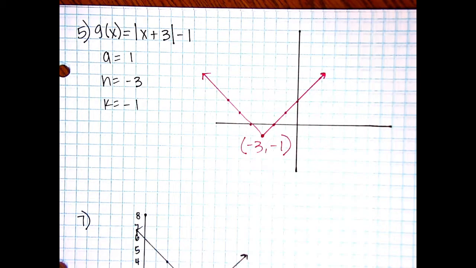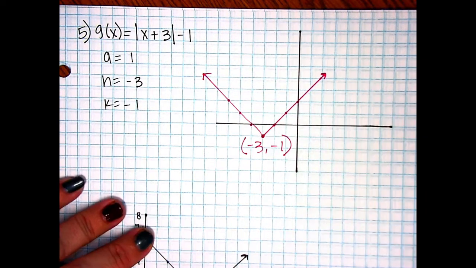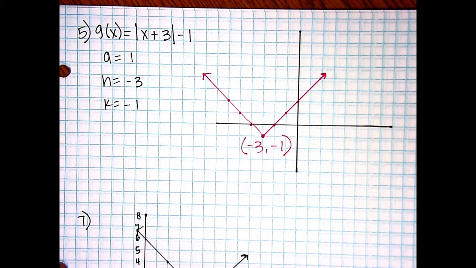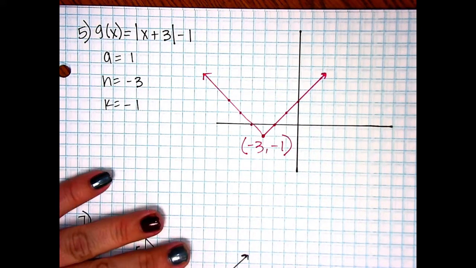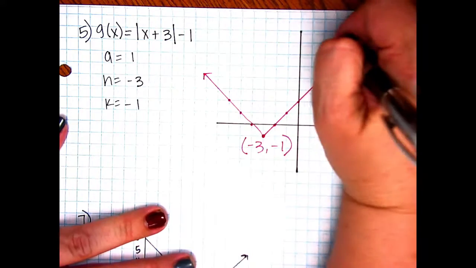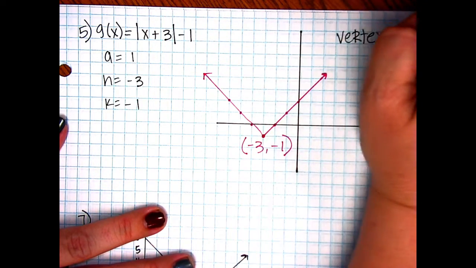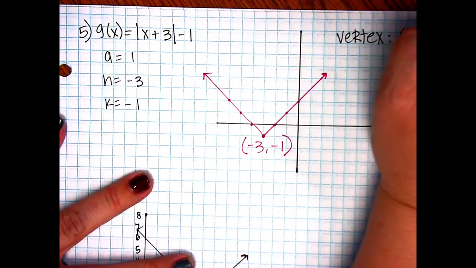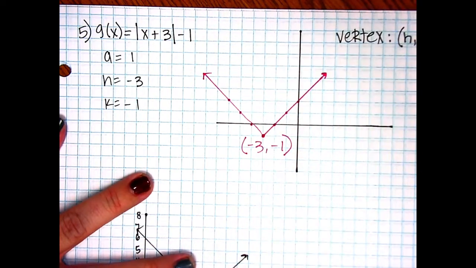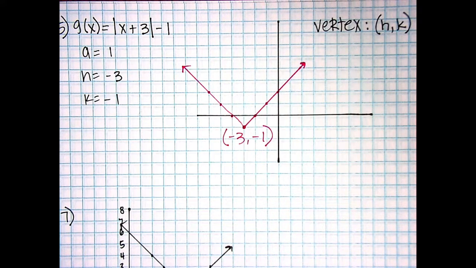And notice what my h and k values are. So for any absolute value function that's written in function form, you can get a vertex in the form of hk. Once you have the vertex, if you wanted to go ahead and do the table and work them out, you could do that by putting the vertex in the middle.